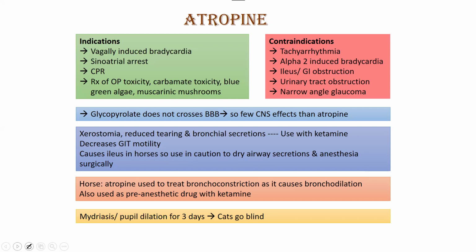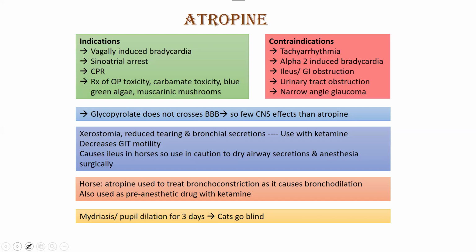Like in animals or even in humans, if you inject atropine, the effect of atropine on the eye will remain for 3 days. Pupils will remain dilated, and when your pupil dilates, your vision gets blurry.